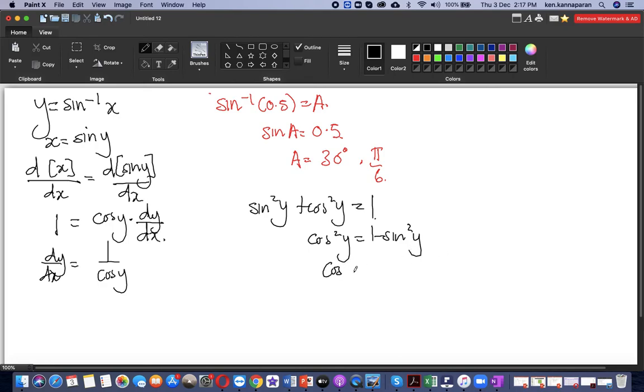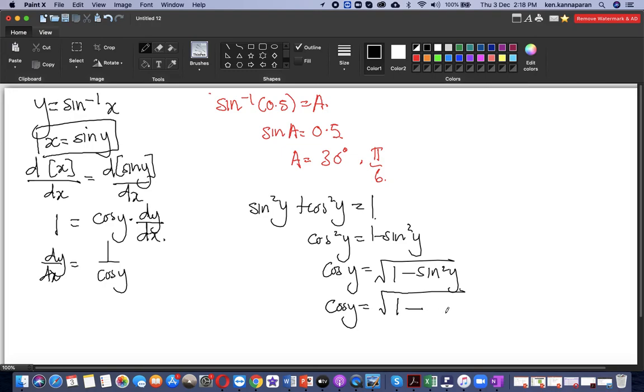So cos y equals the square root of 1 minus sine squared y. And from here we know x equals sine y. When I sub this inside, cos y equals the square root of 1 minus x squared.